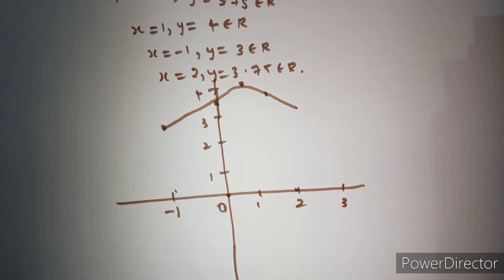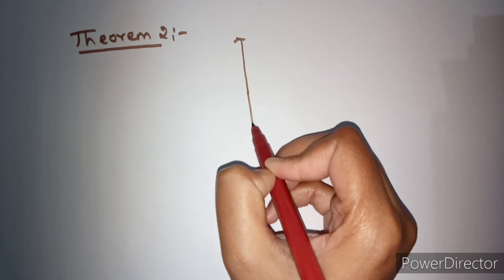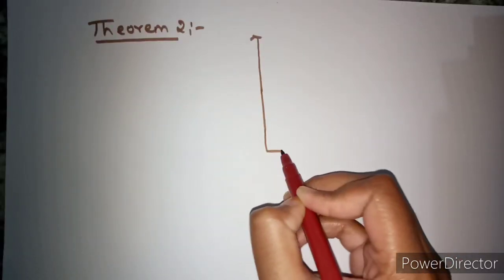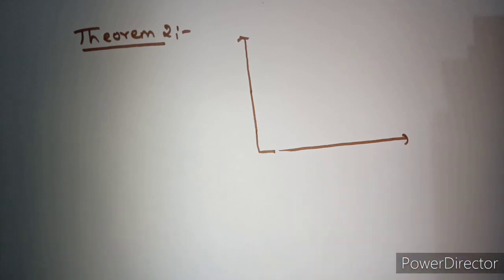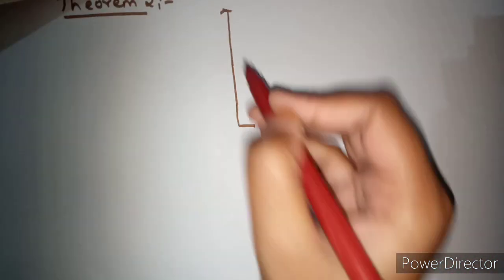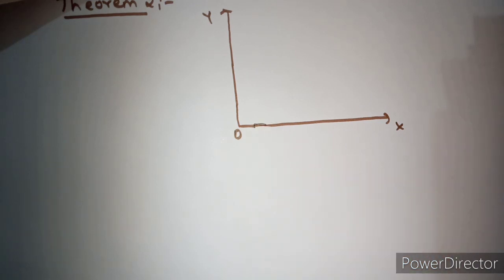Now we will start theorem 2. So first take x-axis and y-axis. So this is x-axis, this is y-axis, this is origin, right? So what I am doing is, I am taking a real valued function, generally y is equal to f of x.